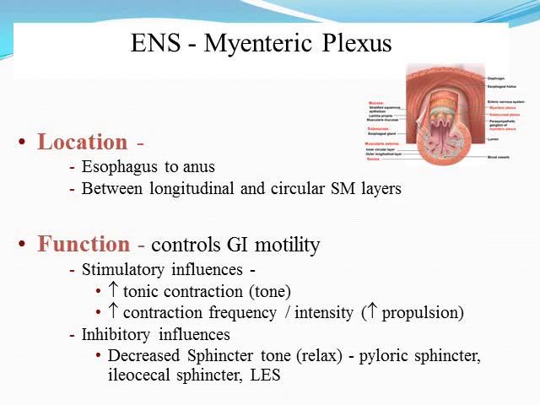So we do see this feedback from the myenteric plexus into those sphincters to allow for them to relax, to trigger the movement of that food from the different regions, from either the stomach to the small intestine to the large intestine. Or LES is the lower esophageal sphincter, so that would be from through the esophagus down into the stomach.